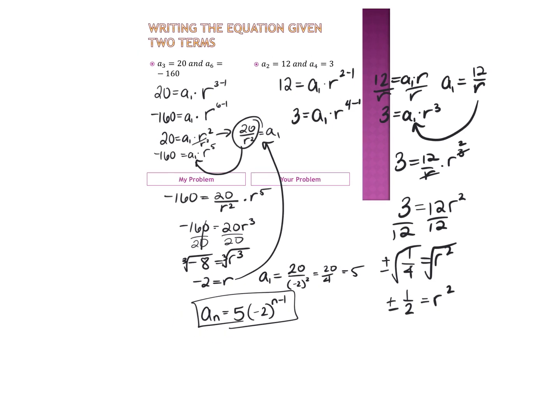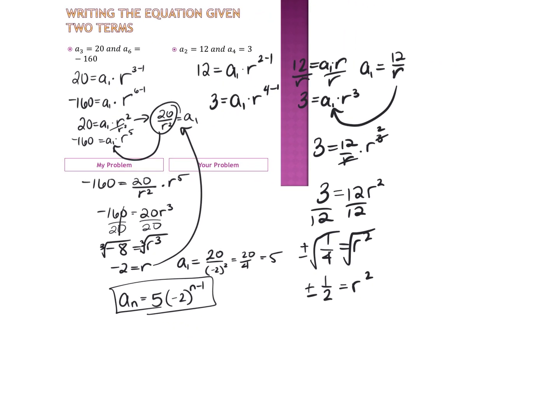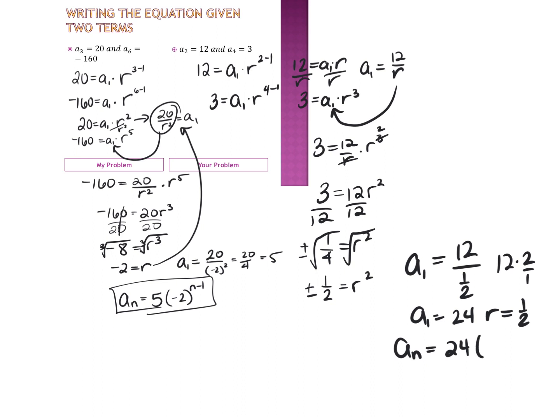So there's two possibilities. If I plug in positive, a1 is 12 over 1/2. 12 divided by 1/2 is 12 times 2 over 1, which is 24 when r is positive 1/2. So an equals 24 times 1/2 to the n minus 1.